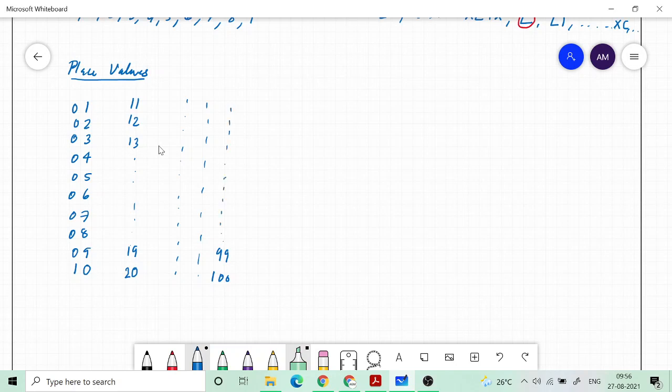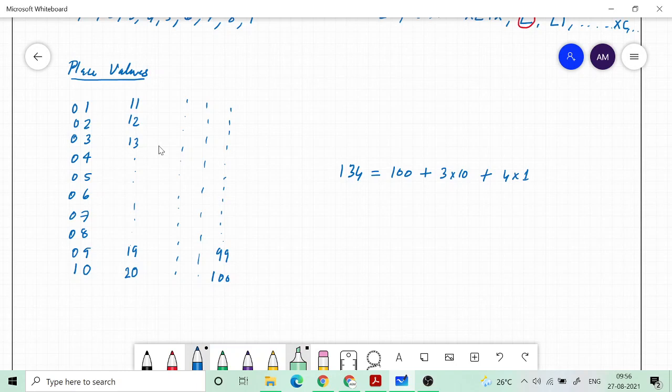Okay, now what does a particular number actually mean? For example, 1, 3, 4. What this means is that there is 1 hundred, then 3 tens plus 4 ones.